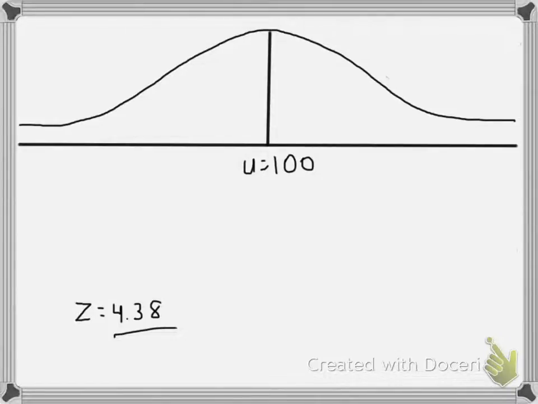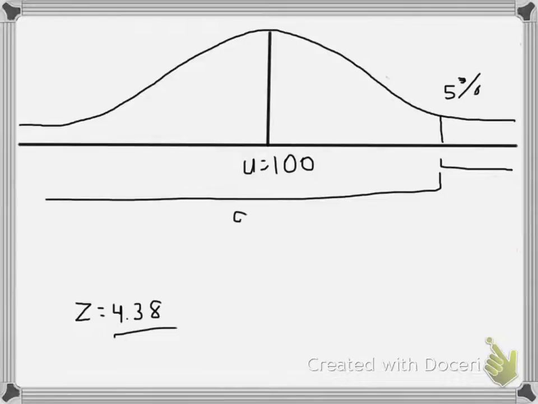We also know that our type 1 error, our level of significance, we're going to set at 5%. So by us setting this side at 5%, we know that from here all the way down is going to be 95%.